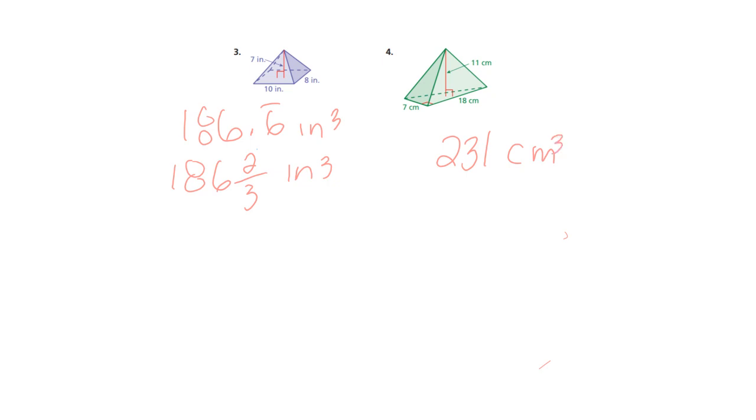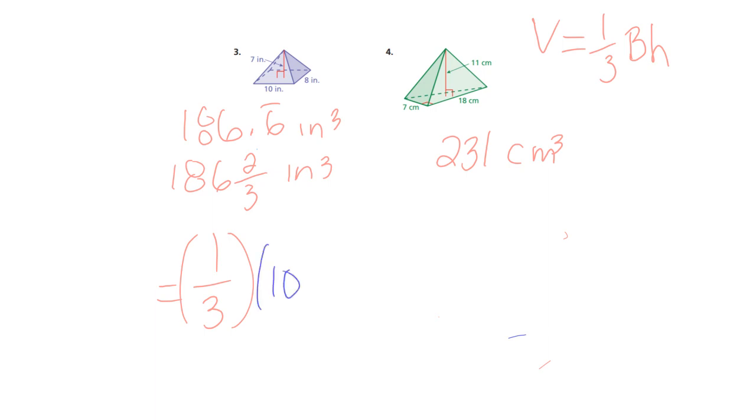So I'll do the first one, just to remind you how to do this. So again, volume of a pyramid, 1/3, capital B times height. So our 1/3 times our capital B, which is going to be, this is a rectangle as the base, so it'll be base times height.